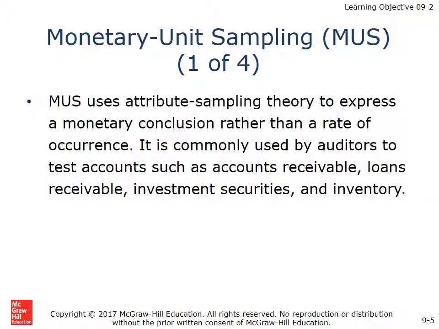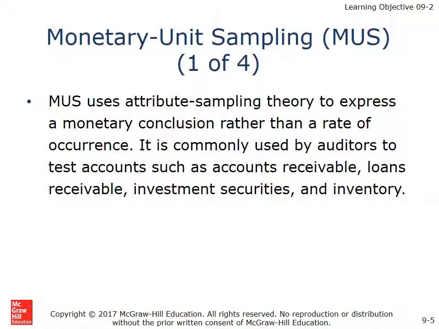Keeping that in mind, we need to use sampling techniques. We looked at some sampling for tests of controls. For substantive tests, monetary unit sampling is one of the most commonly used sampling techniques.